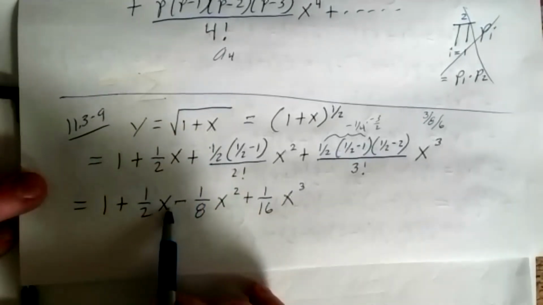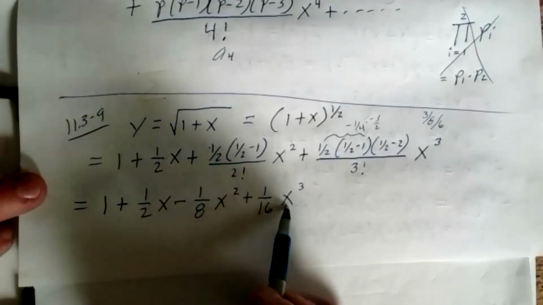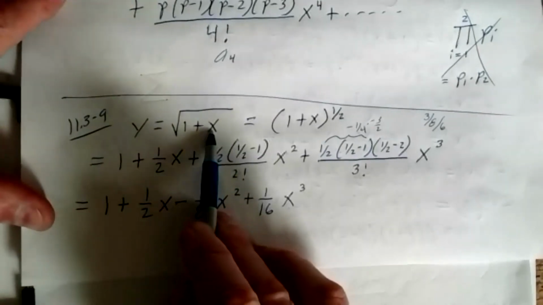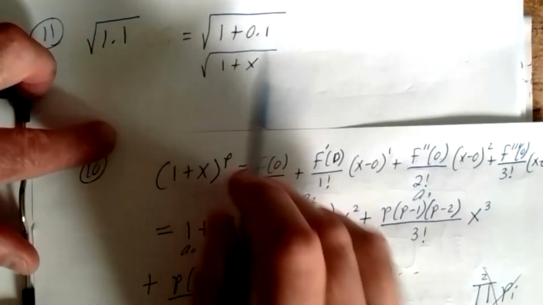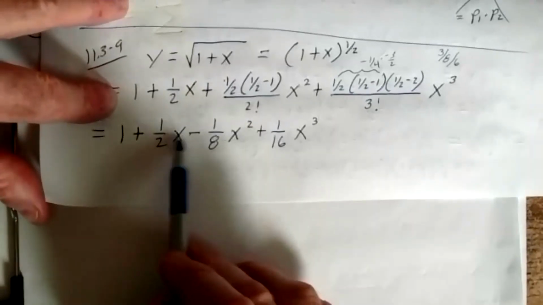So we're going to put 0.1 in here, here, and here to approximate the square root of 1.1. So again, x is 0.1, and we'll crank out an approximation.